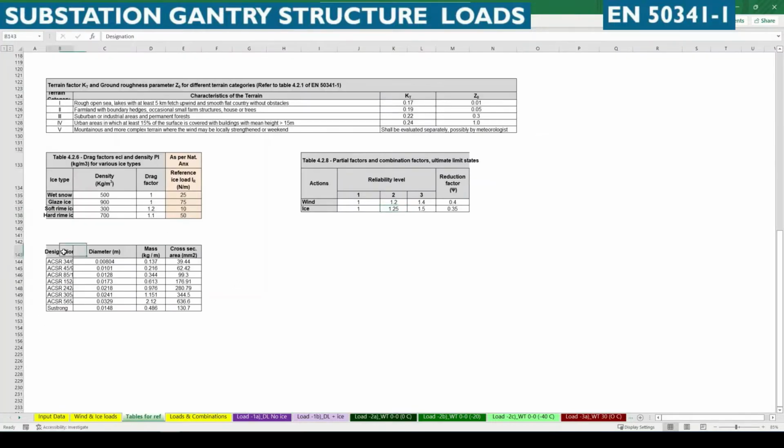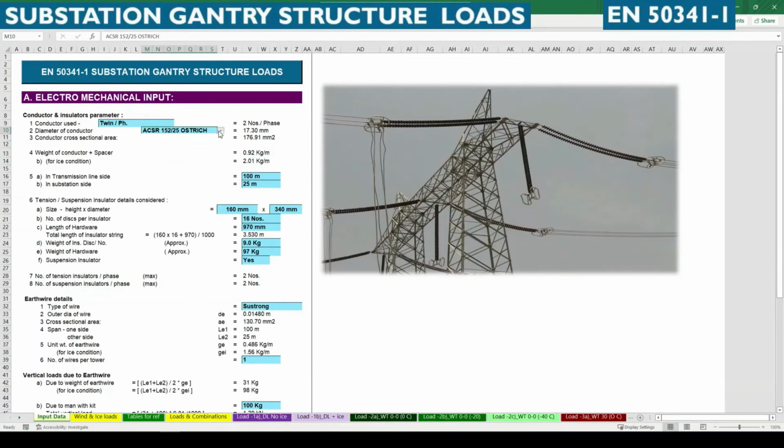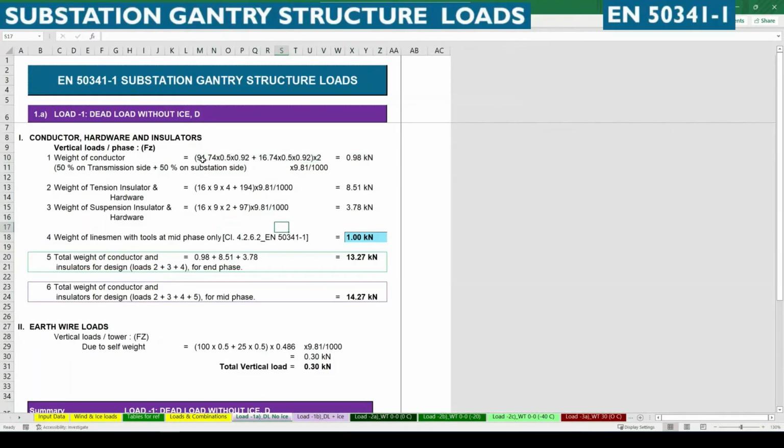This mass in kg per meter we already have in this table format, so that can be extracted from this drop down list. So likewise the conductor load is calculated as 0.89 kilonewton.